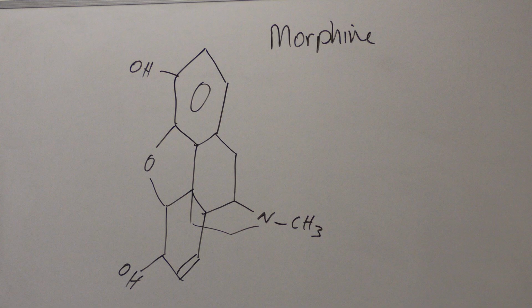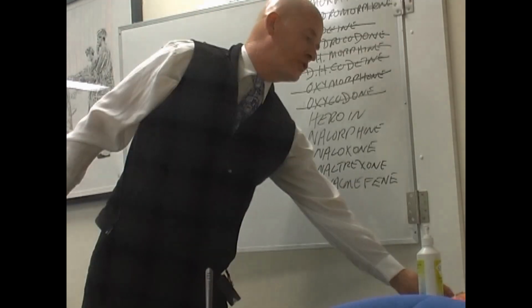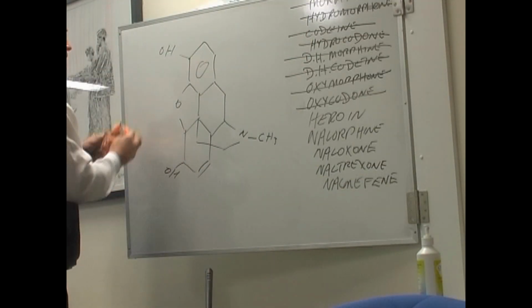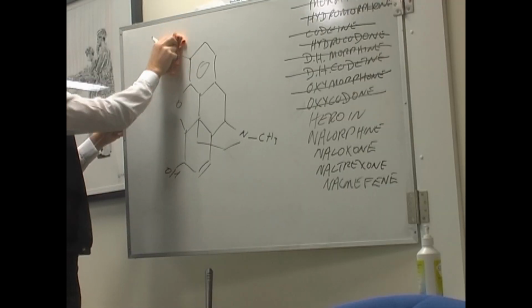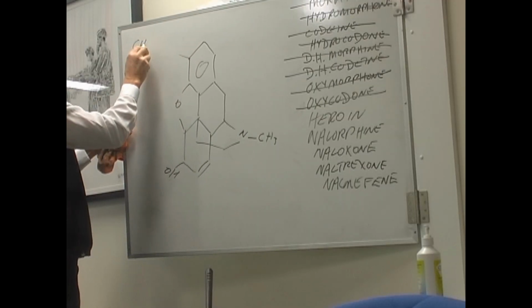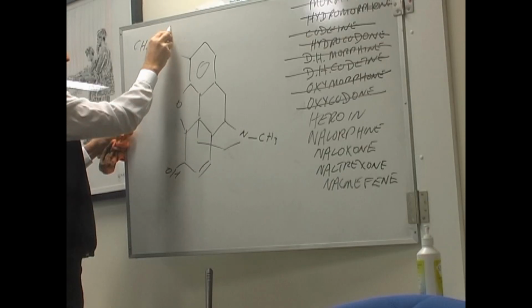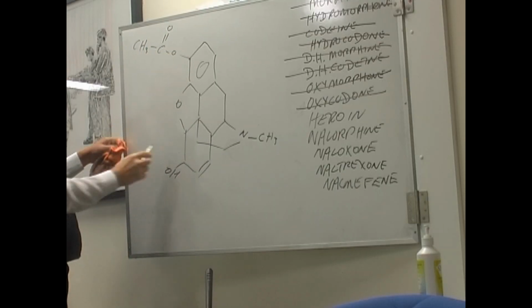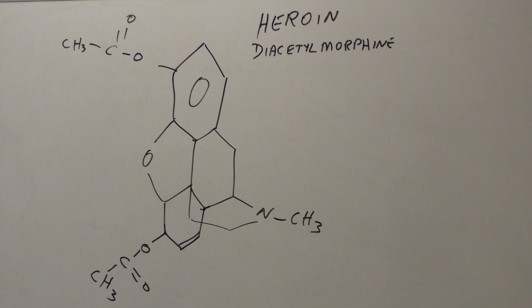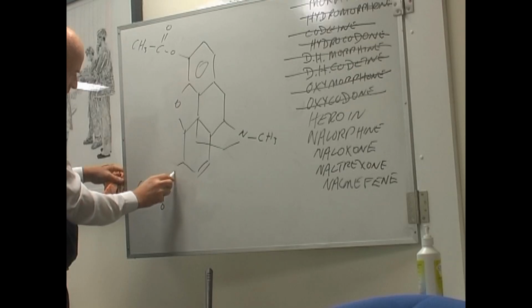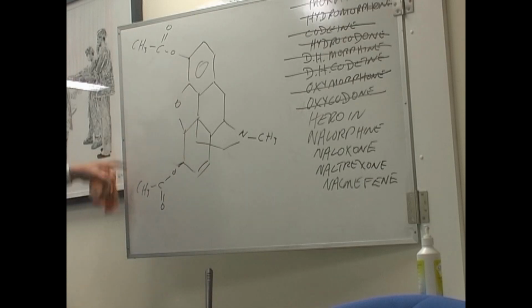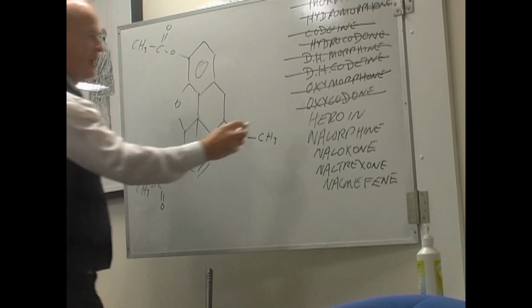Now to produce heroin, we want diacetylmorphine, so it's 3,6-diacetylmorphine. So this becomes an acetyl group. And you have another acetyl group down here in 6. And that gives you diacetylmorphine, which is heroin.